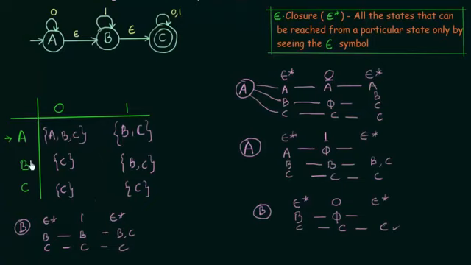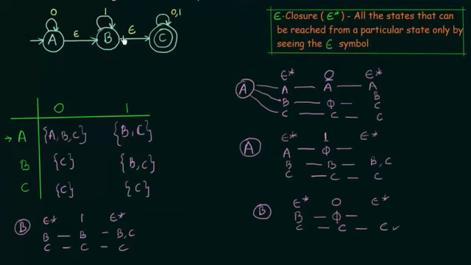But the question is, what is our final state? Here the initial state is A, it's fine. But what are our final states? In the epsilon NFA, C was the final state. But in the case of the NFA, what will be the final state? The final state will be any state that can reach the final state only by seeing epsilon. So look at this.